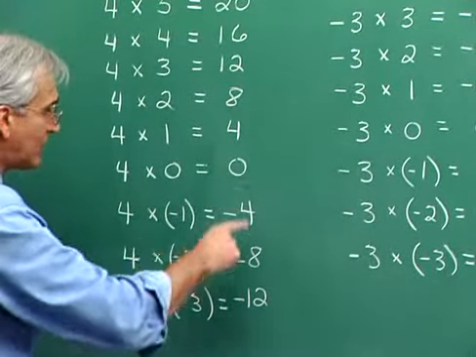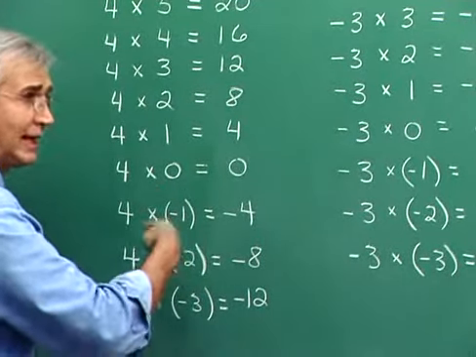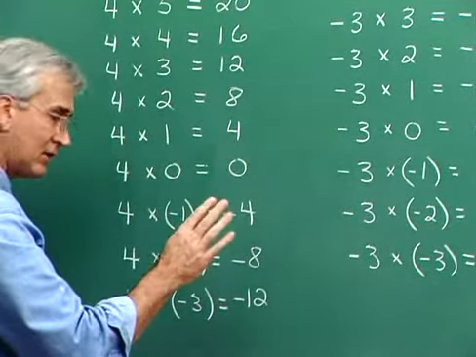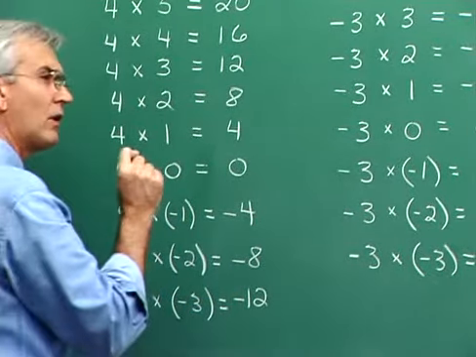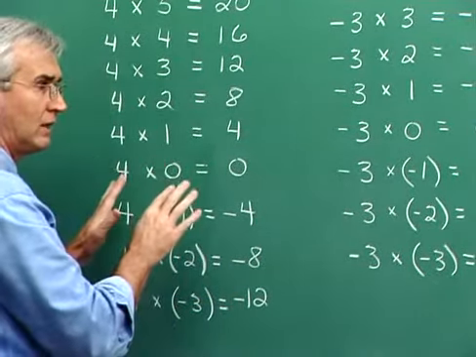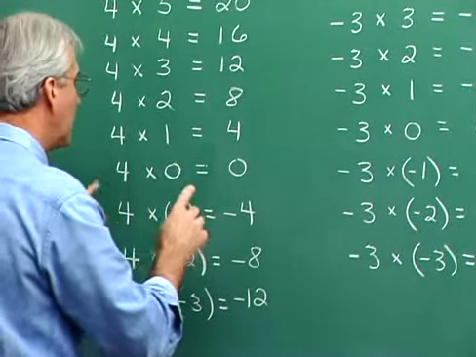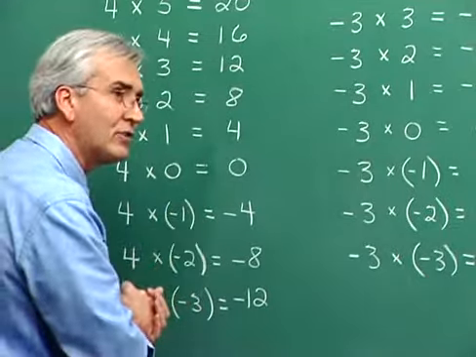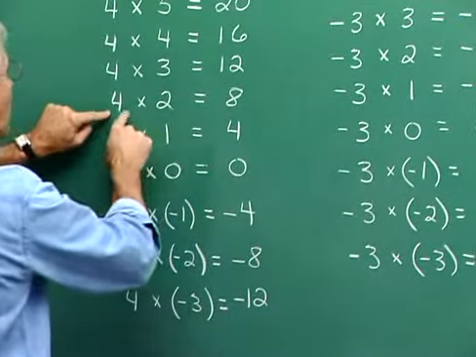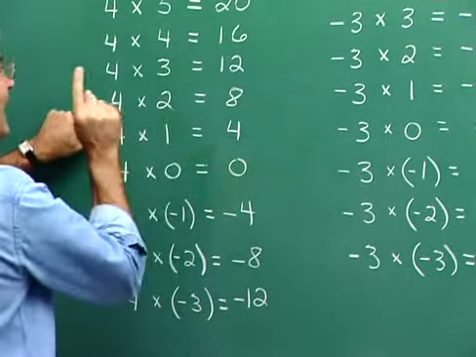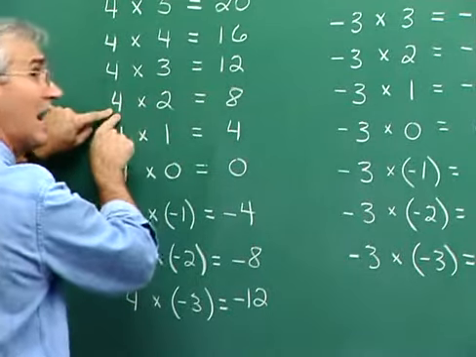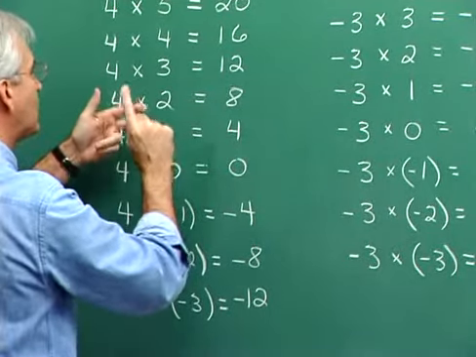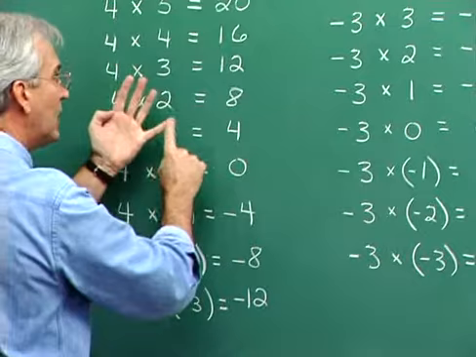Now another way to see that positive times negative is going to be negative is like this. We said earlier when we talked about multiplying whole numbers that multiplication can be thought of as repeated addition. That is, we can think of 4 times 2 as adding 2 four times. That is, 2 plus 2 plus 2 plus 2 is 8.